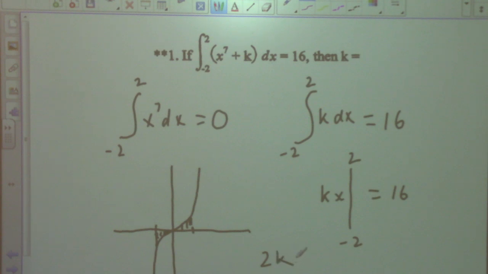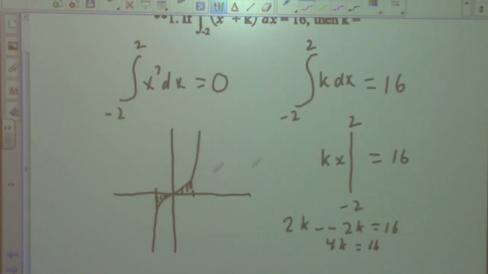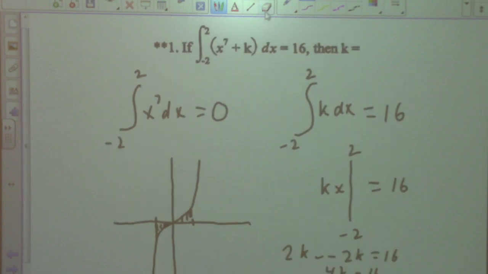Okay, you replace x with 2. That's going to be 2k minus -2k is equal to 16. So you got 4k is equal to 16. So you could work it out more formally that way. To me, the easier way to look at it is just the graph of the thing, because that just makes your life easier, I think.